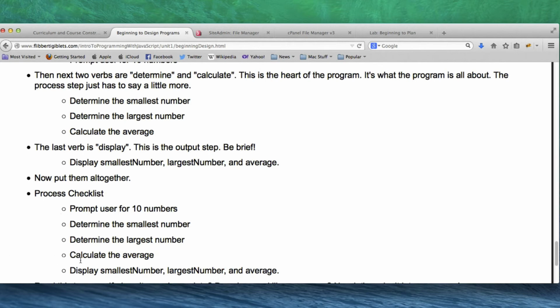And then I like to copy and paste this whole thing into my code as comments. And then I don't have to think about the what this program does anymore. All I have to do at this point is just write it. I can think about how it does it, which is my code. So I have these as comments, and then I just boom, boom, boom, knock all of these things out in order. And then before you know it, you have a program.